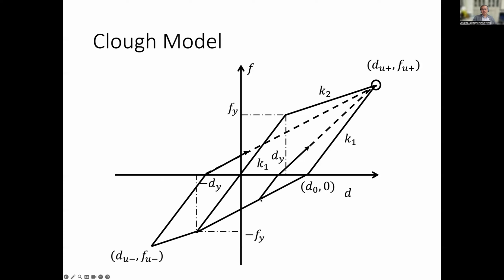If they successfully load to yielding, then they use K2, the second stiffness. And if they unload, they unload using K1 to 0 and again point to the maximum point of the active part. So in this kind of cycle loading, after unloading they always point directly to the most loaded value.